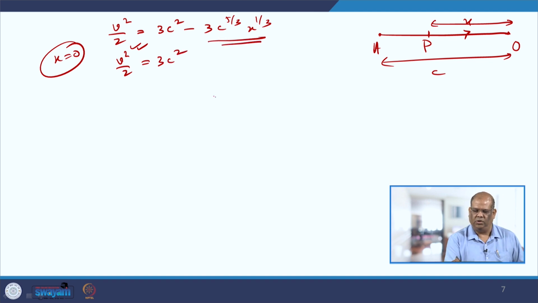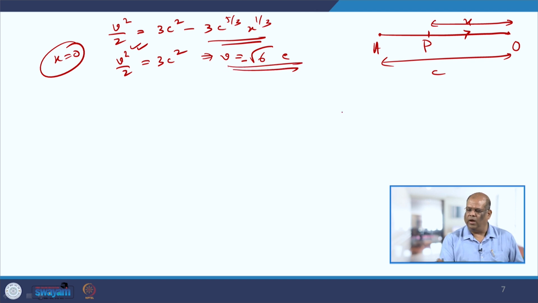This part vanishes and you get your v is equal to root 6 into c. So, your velocity is root 6 into c, and you take this to be negative because your distance is decreasing with time. So, at the origin this is going to be the velocity.